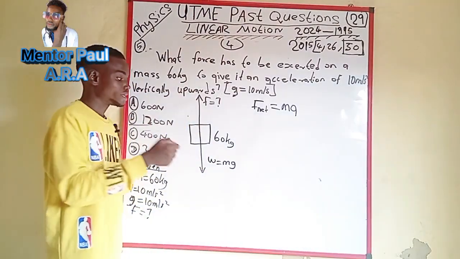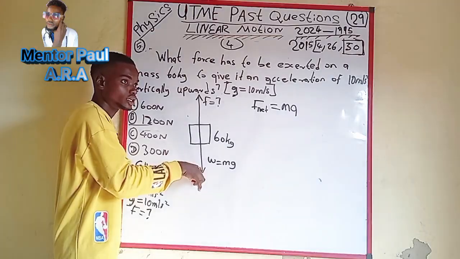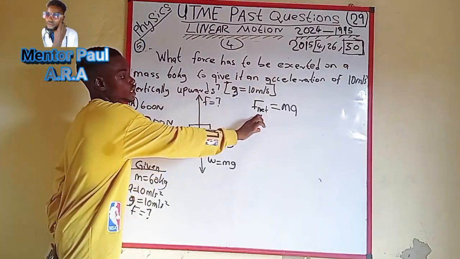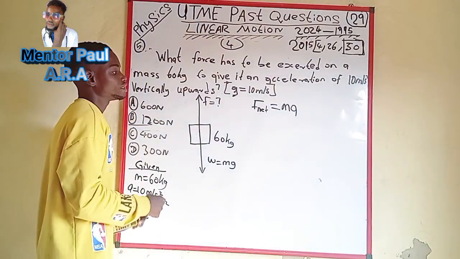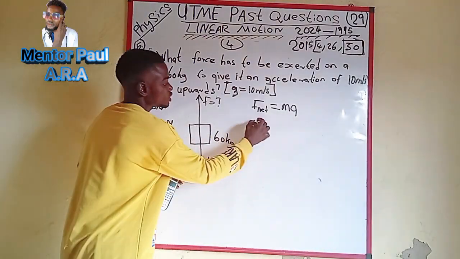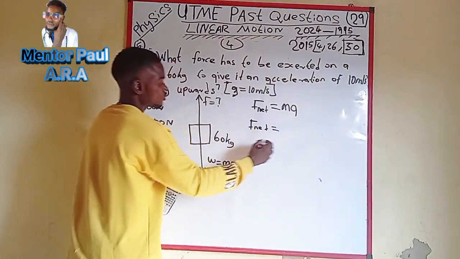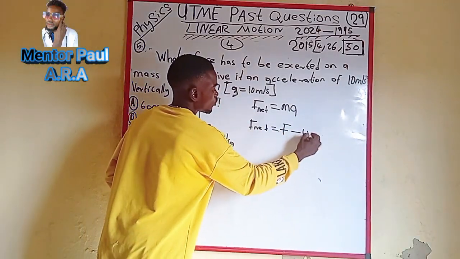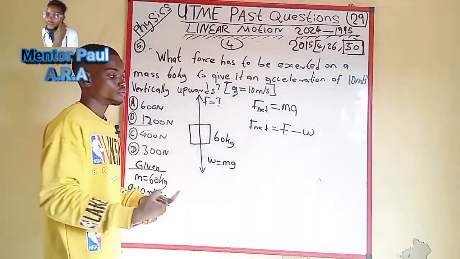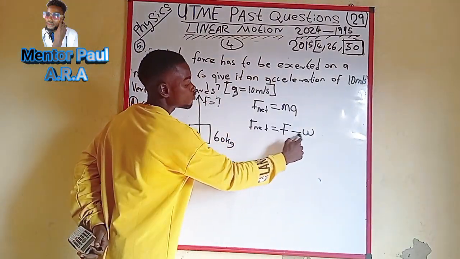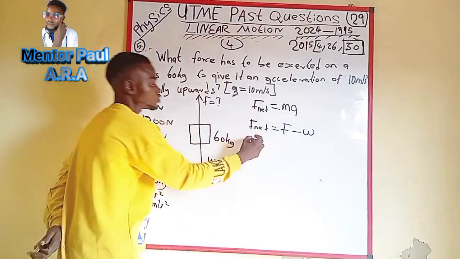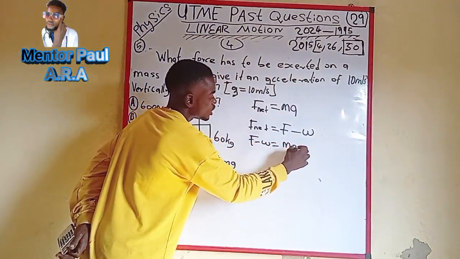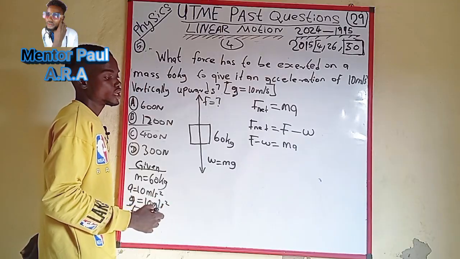The force used to overcome the weight has gone out, and the force that is now used to start moving the body up is what we call the net force. This net force can be gotten by taking the force you are using to move up and subtracting the force that is pulling it down. Now the net force, which is F minus W, I can substitute to have F minus W equals ma, which is mass times acceleration.